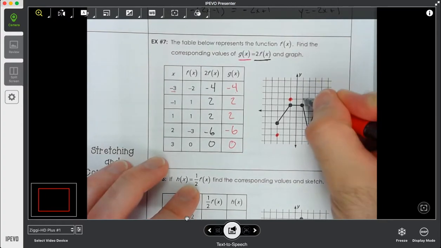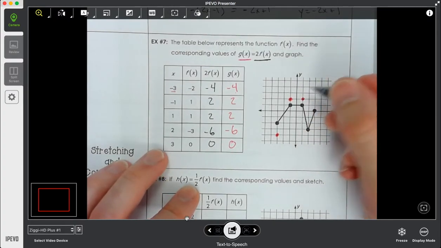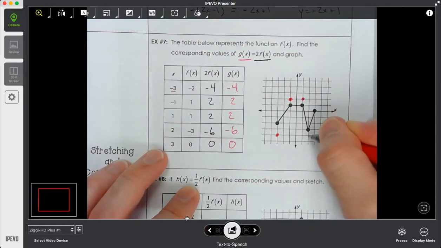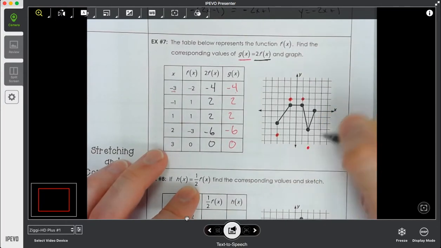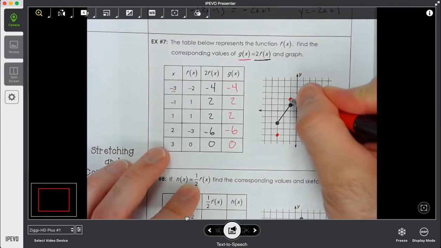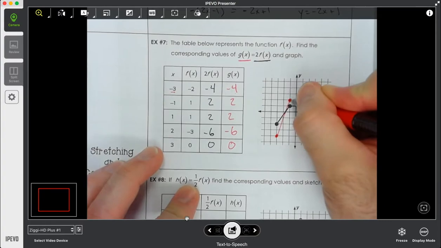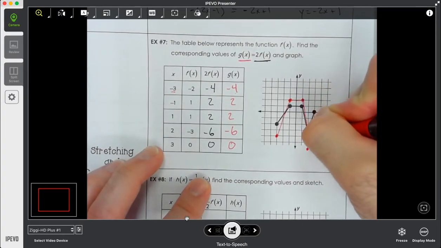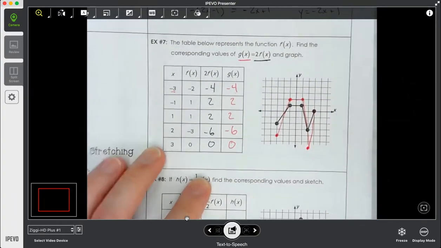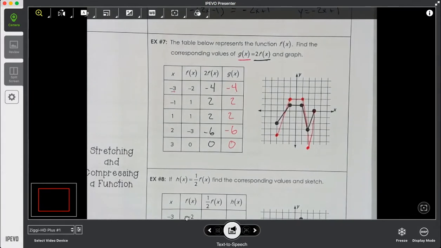When I have 1, I have 2 as my output. When I have 2, I have -6, and that one's actually going to be way down here. It's off our graph. And when I have 3, I'm going to have 0. And so our new function looks like I took and stretched the original one out.